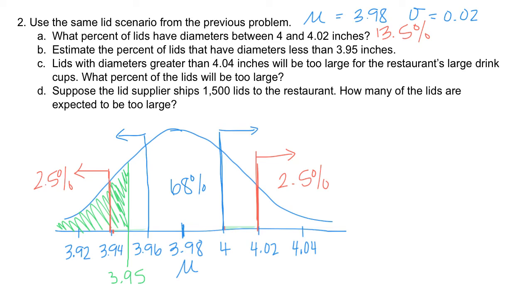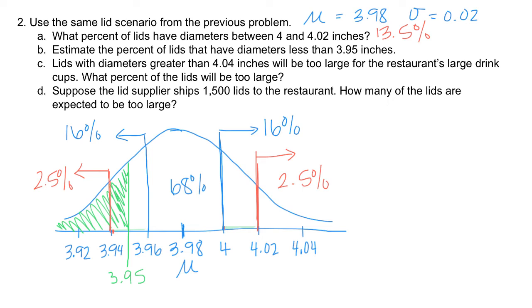Outside of that, the other 2 tails would be 100% minus that middle 68%, which is 32%. If we divide that by 2, we get 16% on each side. So 16% is above 4, and 16% is less than 3.96.